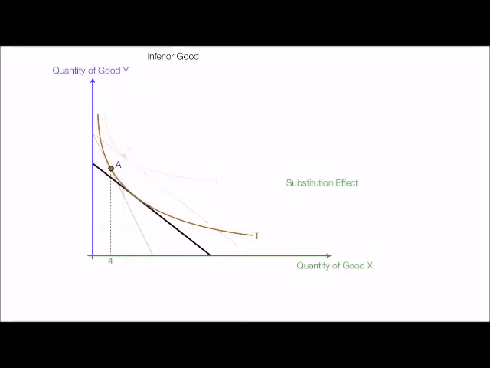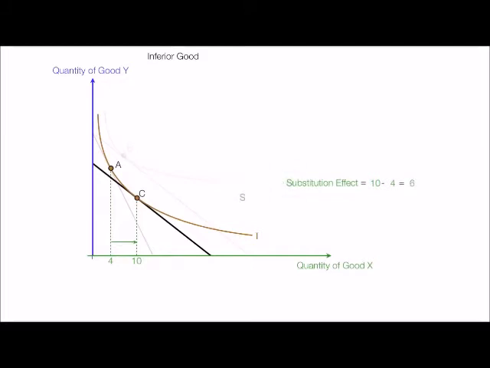I will move from point A to point C. At this level, the consumer is going to consume 10 units of good X. So 10 minus 4 is the substitution effect.